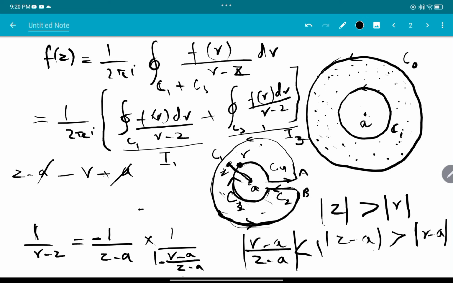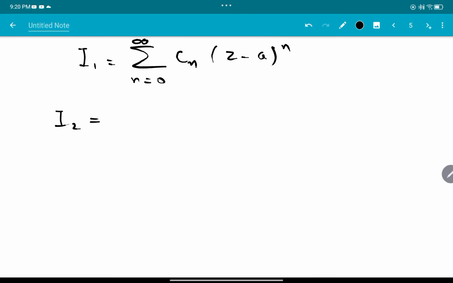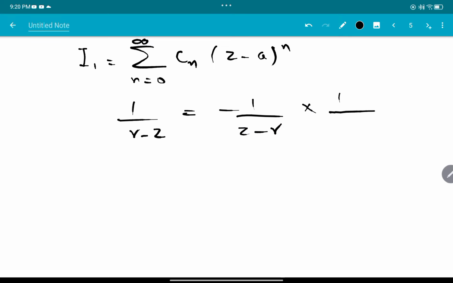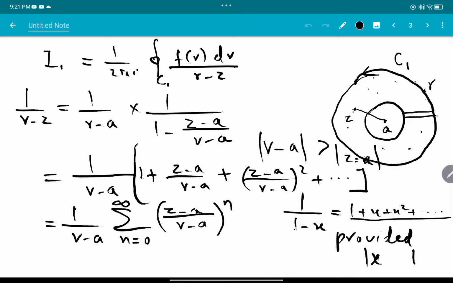So I can use this geometric series for expansion of this. And when I do that, here is the result. Sorry, I am doing something wrong there.